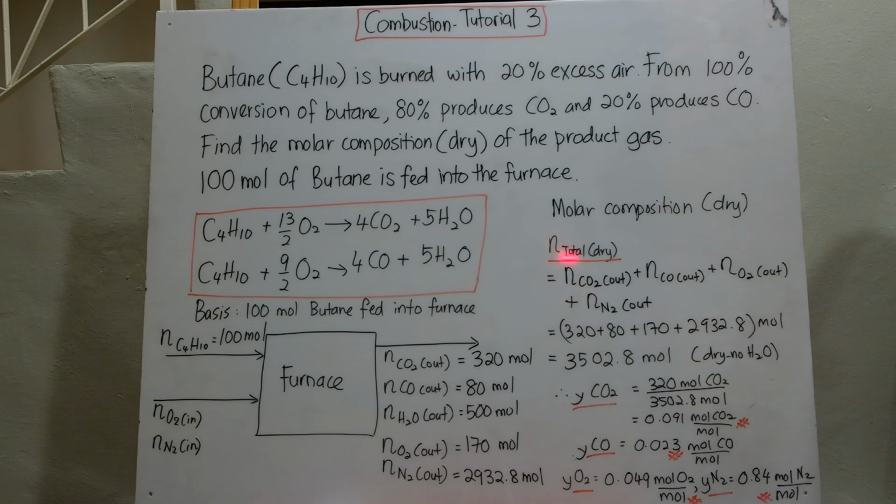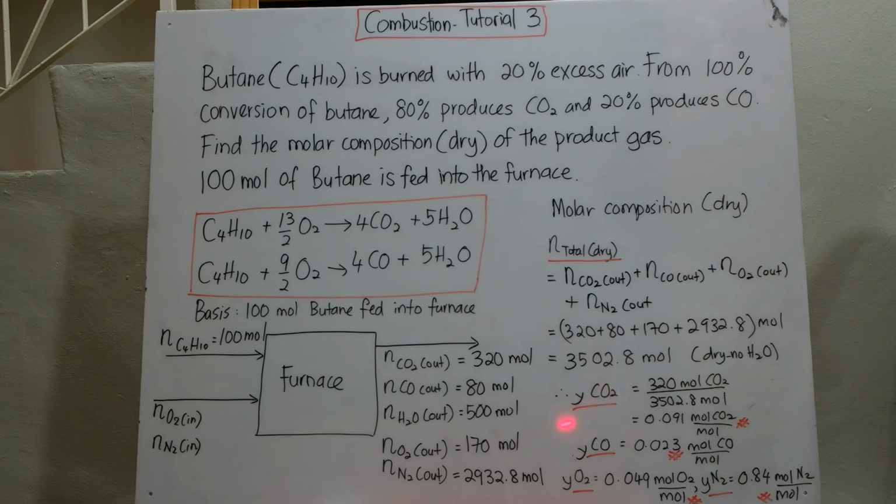So we just add the number of mole of CO2 with the number of mole of CO, O2, and N2 that we have at the product line. So in total we have, without water, 3,502.8 mole of product gas.